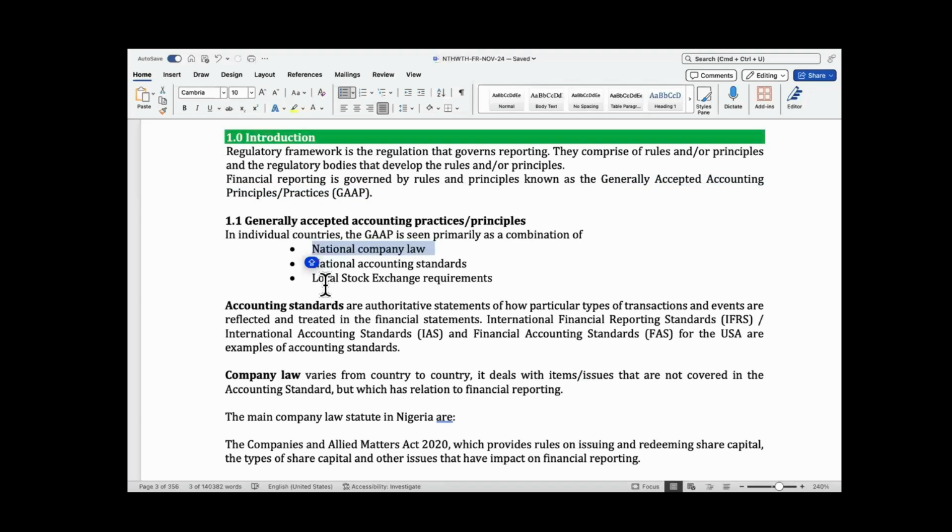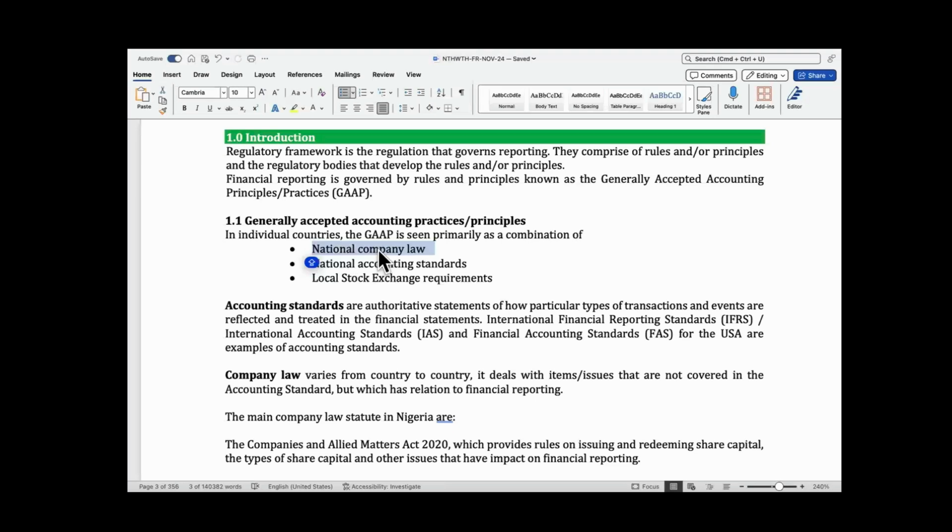Number three, local stock exchange requirements. These three are GAAP. So in the exams, they could ask you, what are the sources of GAAP? Or what is GAAP itself? It's the same question. So three things: national company law, the national accounting standards, and local stock exchange requirements.